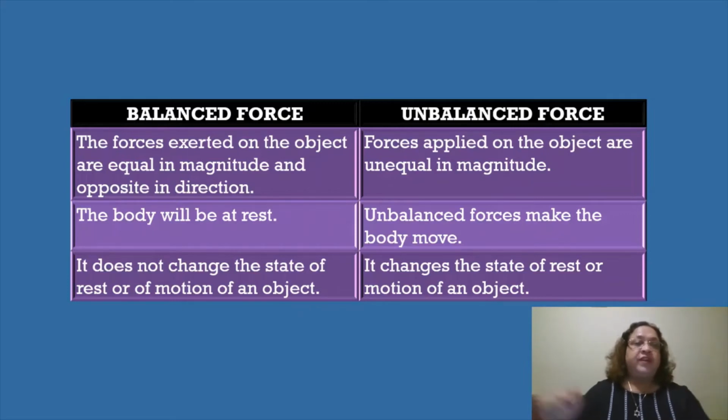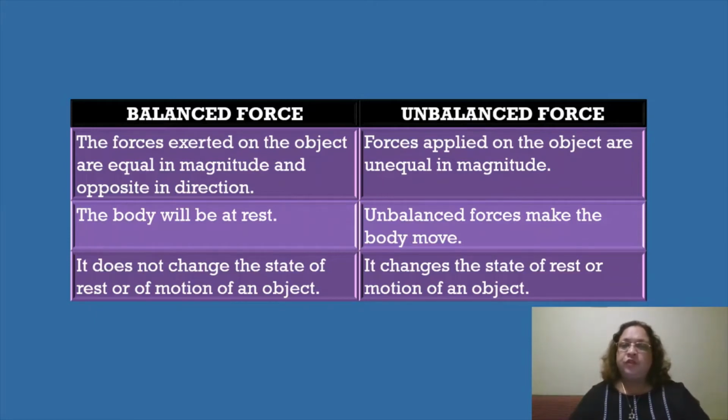Now in this case, the body will be at rest. You've seen with the scales, at rest, the seesaw not tilting onto any side. And a balanced force does not change the state of rest or motion of an object. Meaning, because the force is balanced, that object does not move or start changing like up and down.